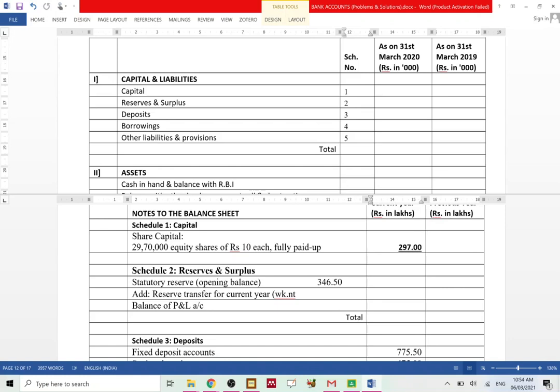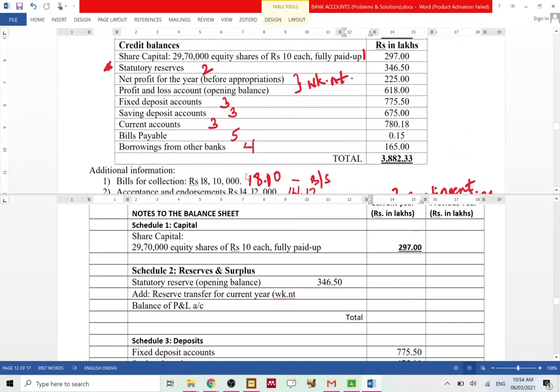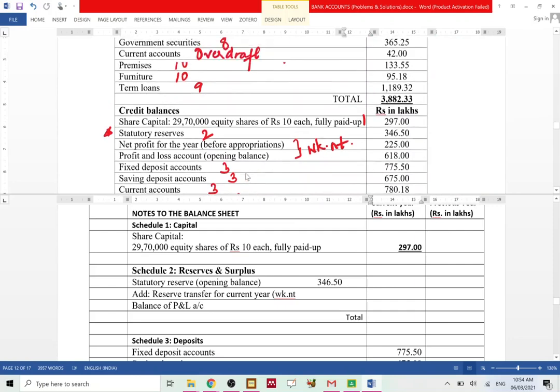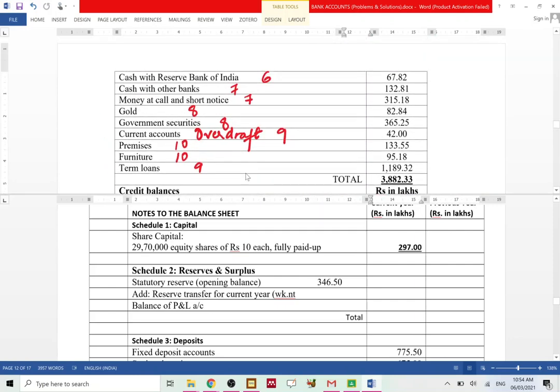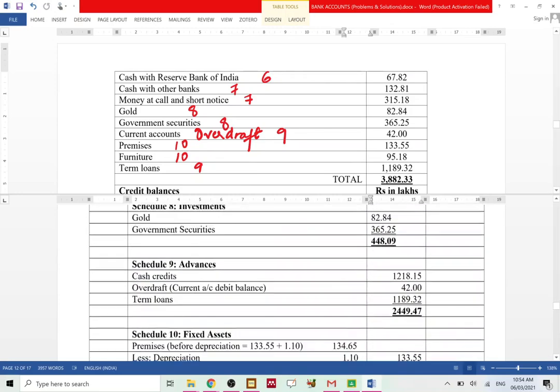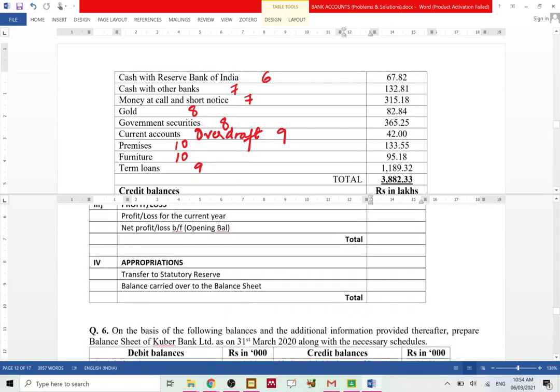And in order to get that transfer amount or how much balance of the profit and loss is carried forward to the balance sheet, we first need to get the total profit and loss amount, right? Just like when we used to prepare profit and loss accounts, we had these two sections. We had profit and loss section and we had the appropriation section.